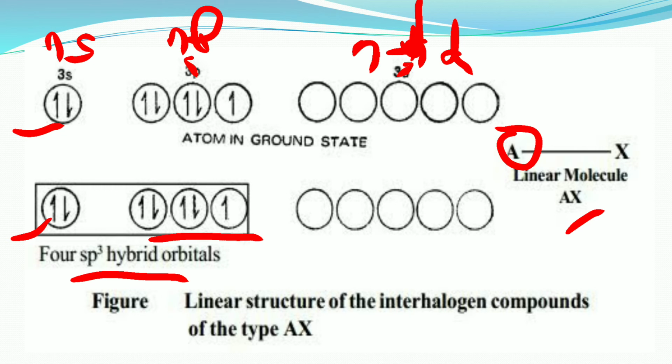Why? Because 4 orbitals participate in the formation of this molecule, but 3 have lone pairs of electrons and only 1 is a bond pair. That's why, according to VSEPR, the structure is linear.